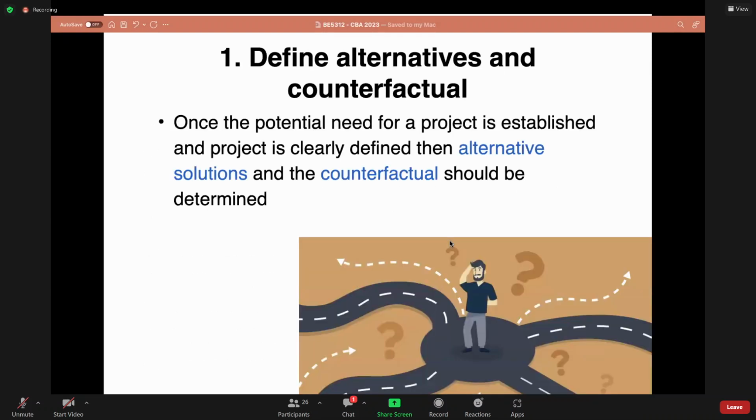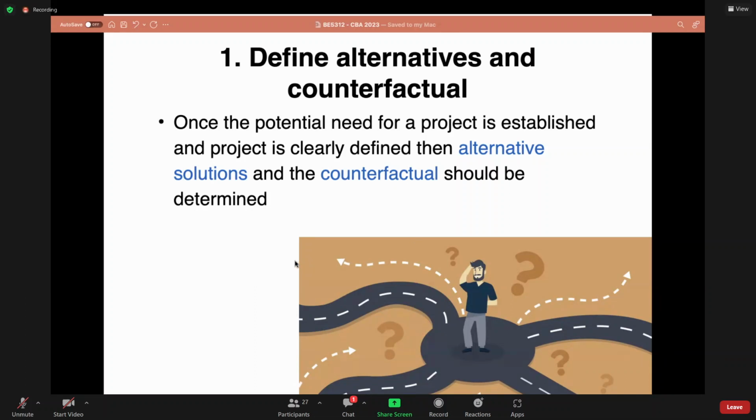So the first step in doing a cost benefit analysis is for us to clearly understand what the project is and any alternative solutions that we might need to consider, and the counterfactual against which we have to consider the costs and benefits of the project.